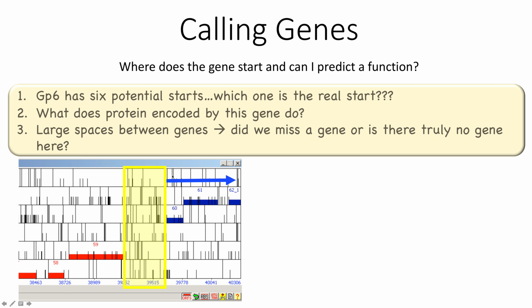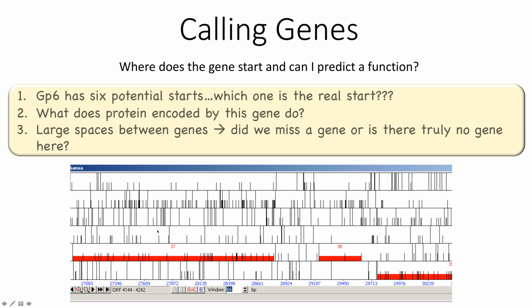Now, these three genes here are all forward genes, and these genes over here are all reverse genes. So this is a region of divergent transcription, and we know that in order for transcription to occur, we need promoters. So in a region of divergent transcription, there has to be enough space for two promoters, one for these genes and one for these genes. So this is a place where it actually makes sense for there to be a large space.